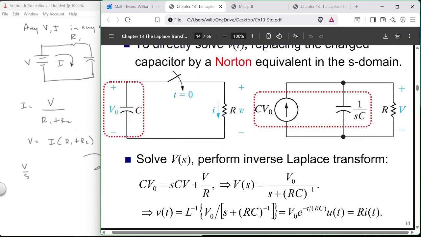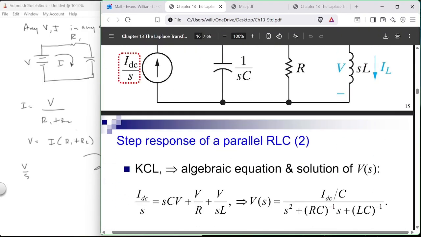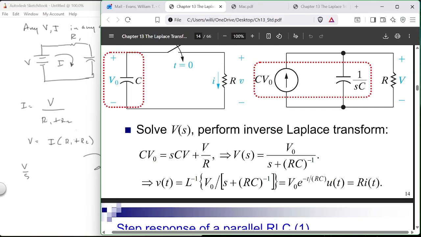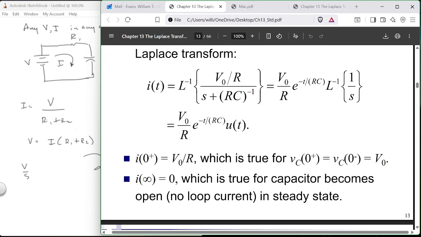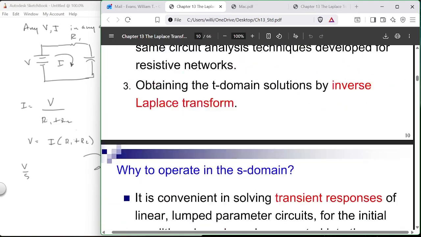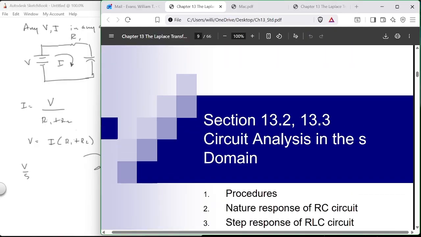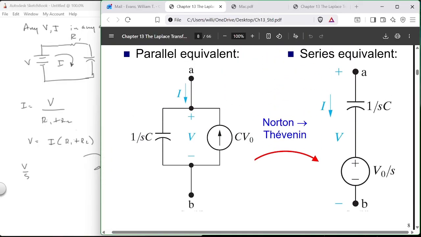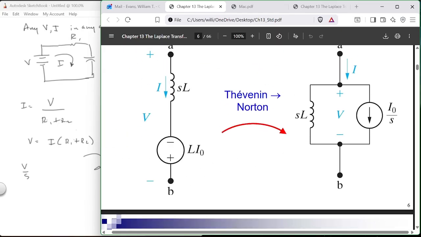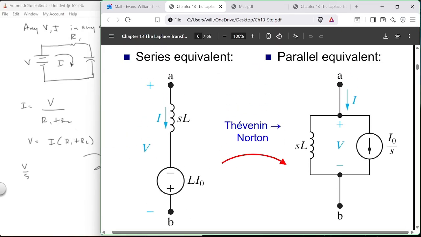If it's 0, you do not have to worry about it at all. It's right up here. Sorry about that. If the initial condition is 0, this goes away, and you just have sL. Okay?